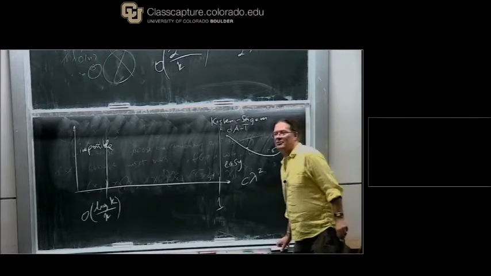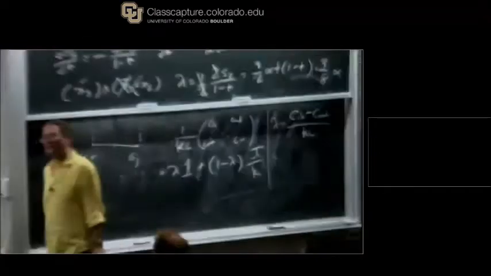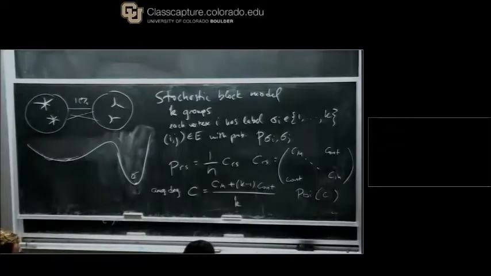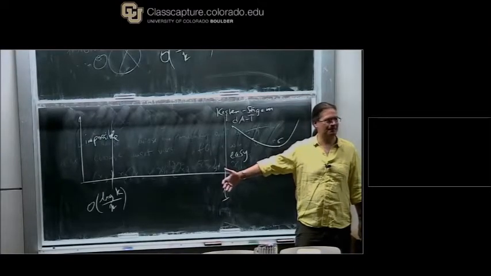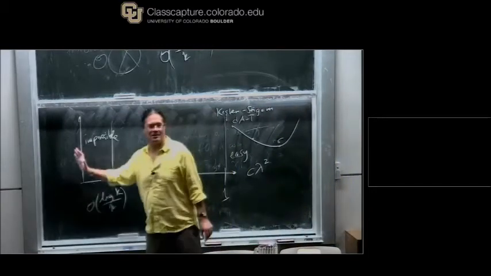What could that possibly mean? Well, I like to think of this as nature trying to communicate with us. But nature can only do this through a certain noisy channel. The planted assignment is the message, but all nature gets to do is make a graph and show us the graph. And the question is, does this channel convey very much information about the message? Below this point, it doesn't.